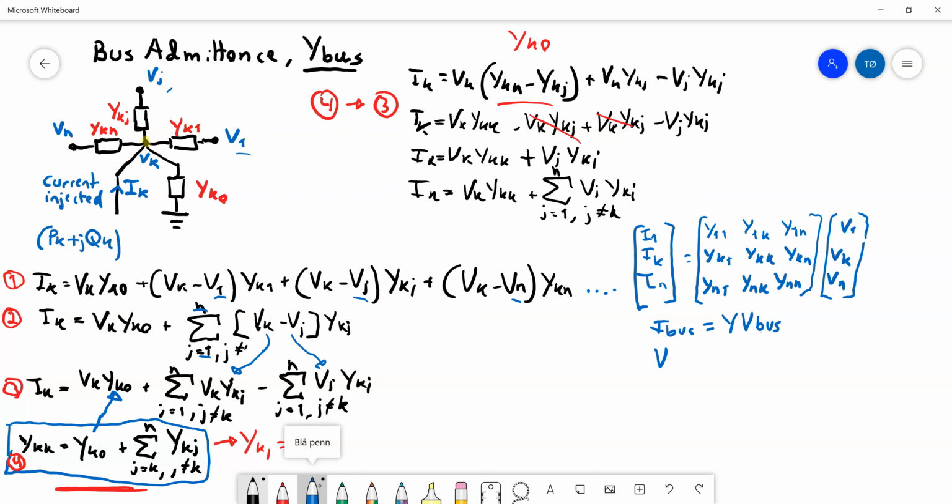And it can be solved. The variable V bus is equal to the inverse of Y bus, Y to the minus 1, times the I bus.